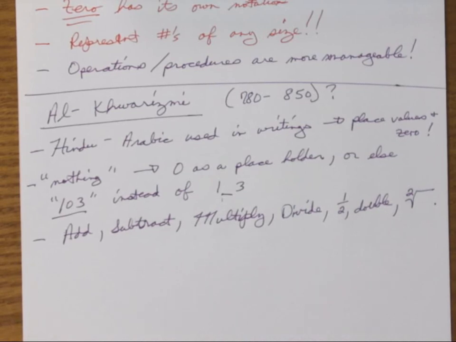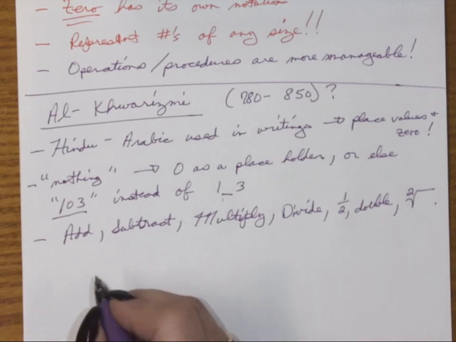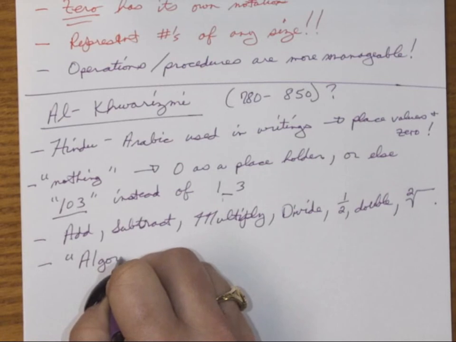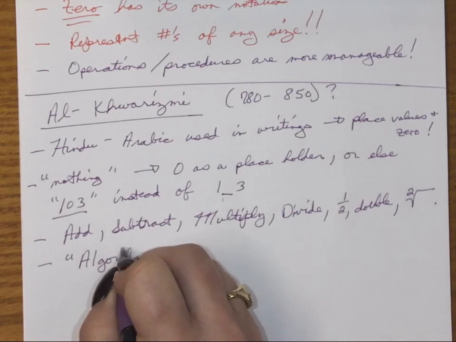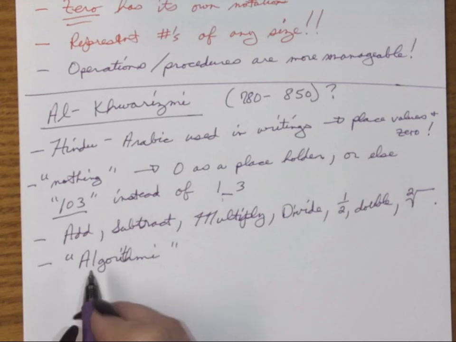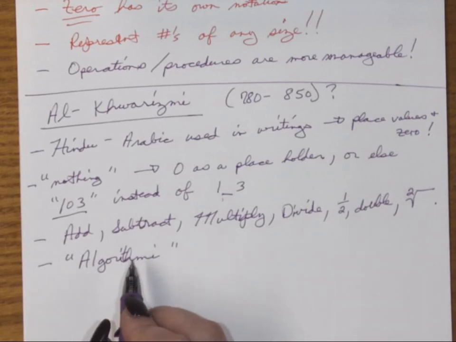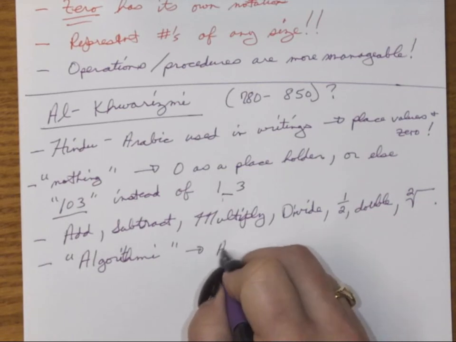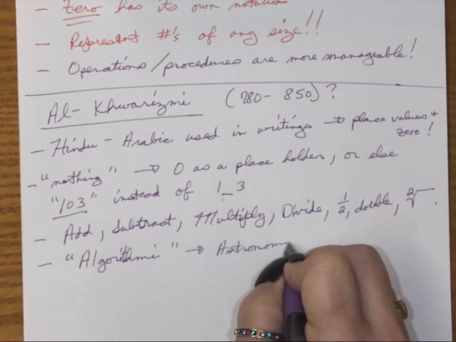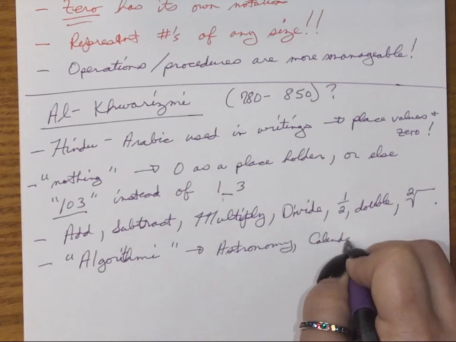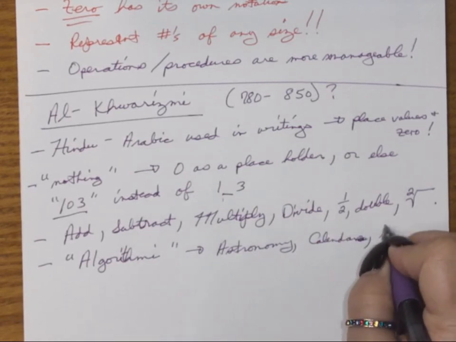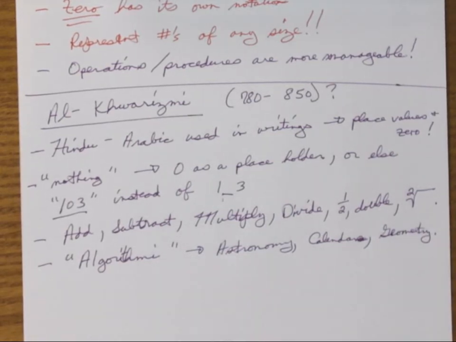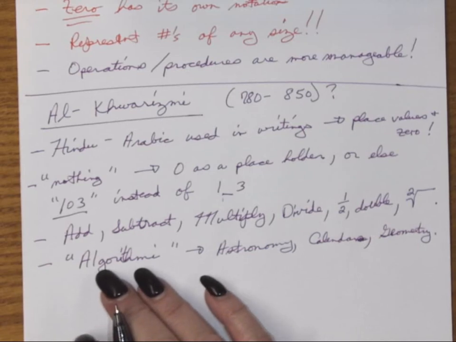His first major book that he put out there that's really important to us, that we're going to study, is called Algorithmi. And in it he did astronomy and calendars and some geometry. So lots of ways of doing things, which is what algorithm normally means for us, right?